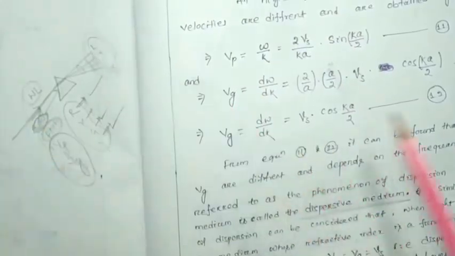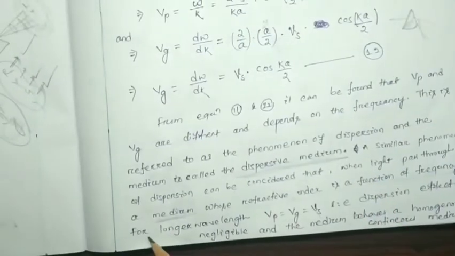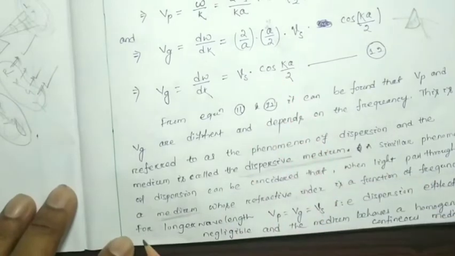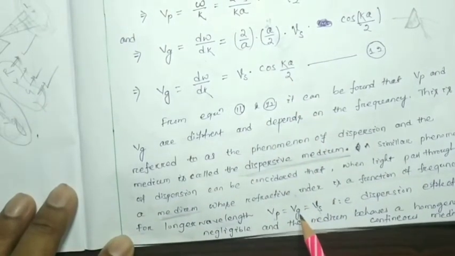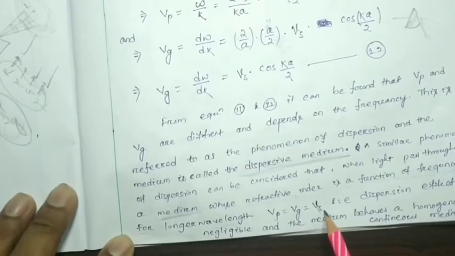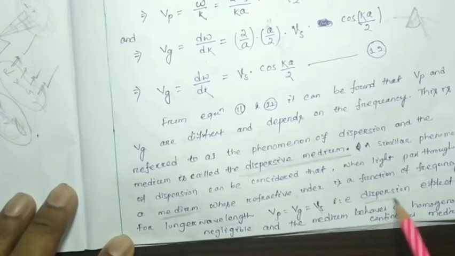So here we found that for longer wavelength, Vp equals Vg equals Vs, that is, the dispersion effect is negligible.